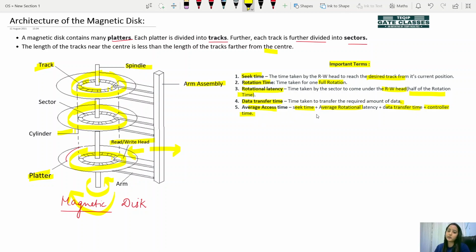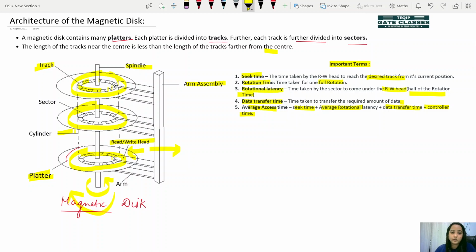If it is not given, don't assume that we have to calculate it. Take it as negligible or 0. I hope the terms are clear to you and the structure is also clear to you. So let's solve the GATE questions based on the topic magnetic disk.